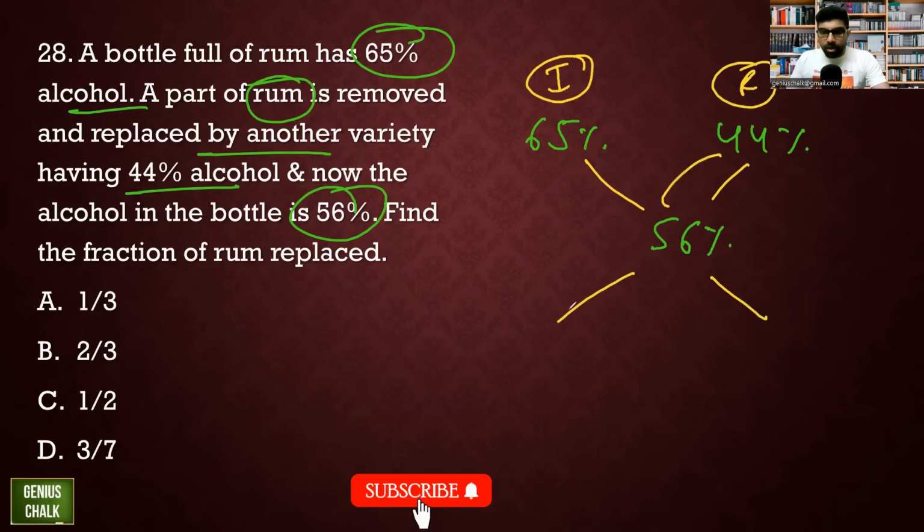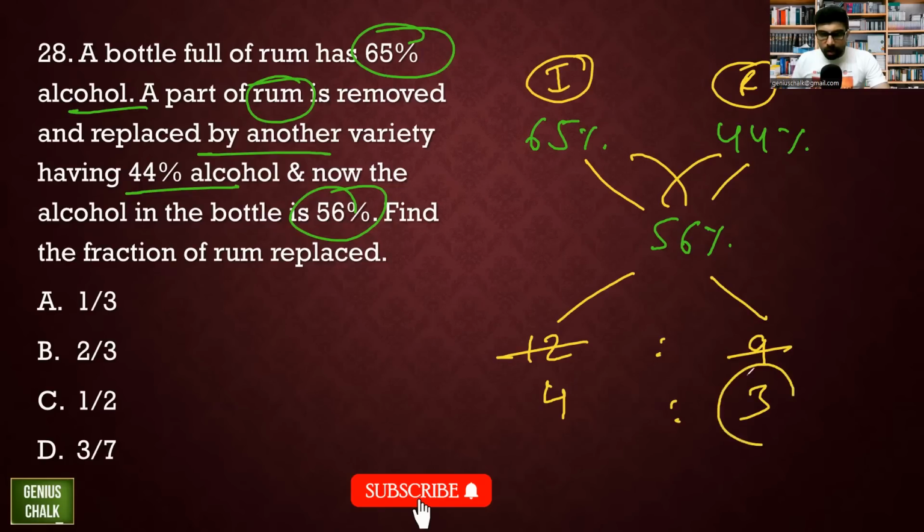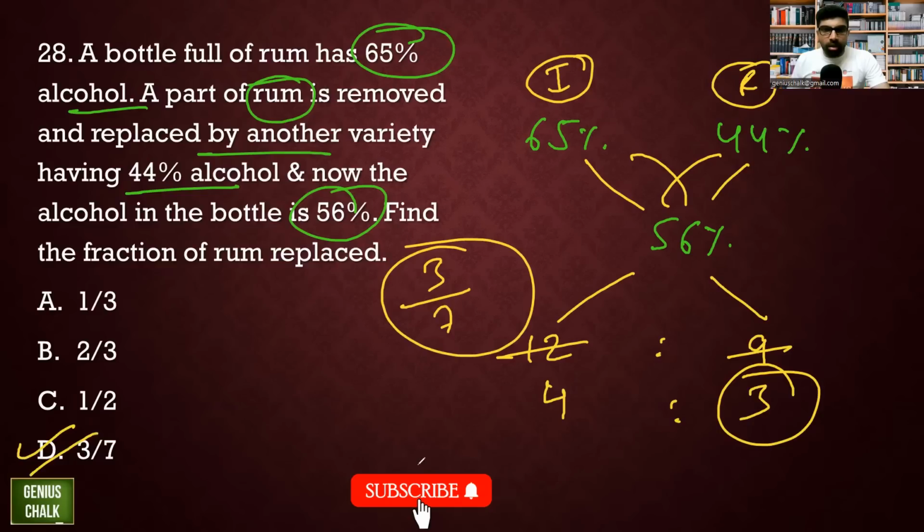Just find out by allegation. It is 44, 6 and 6, 12, and this is how much, 9 I guess. So the ratio is 3 4s, 3 3s are 4:3. Fraction of the part replaced, that is 3 parts out of 7 is replaced, that is option D. This is my final answer.